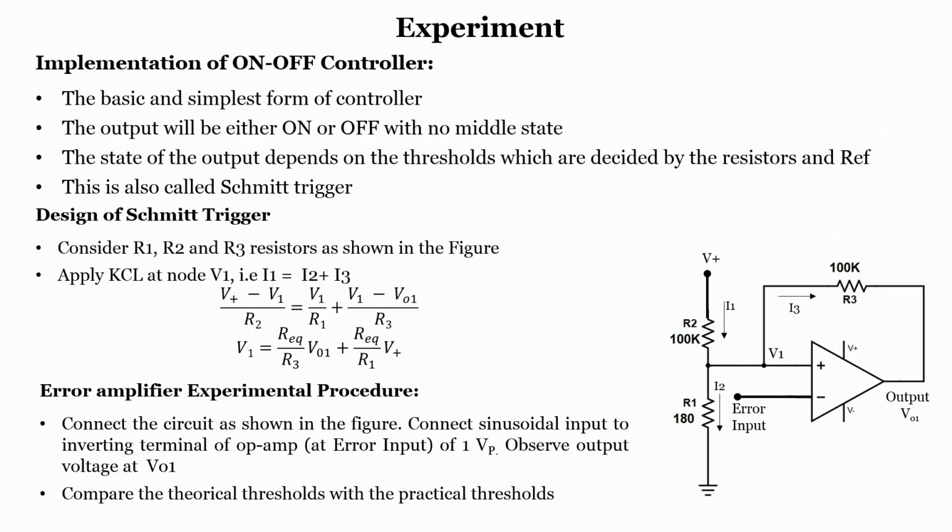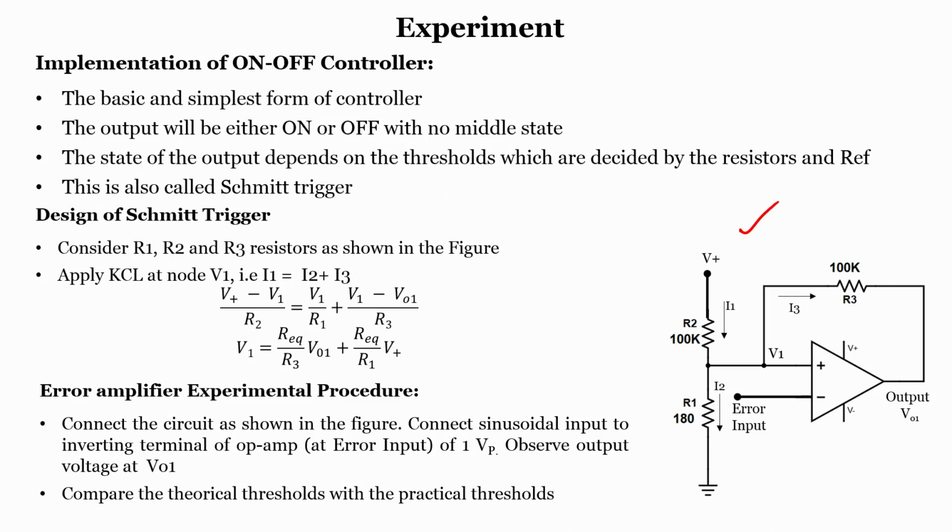So, how do we design this? The idea is how do we design an on off controller using an operational amplifier. This is an inverting type of on off controller, also called a Schmitt trigger. If you recall, we have already discussed on off controllers or Schmitt triggers in our previous session. So, it is similar to that.